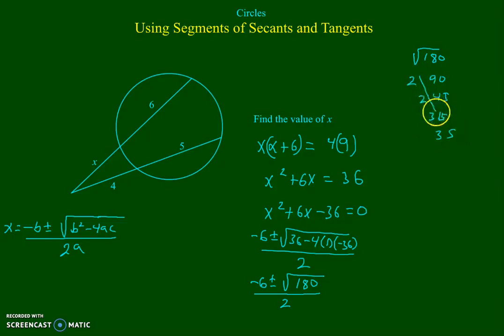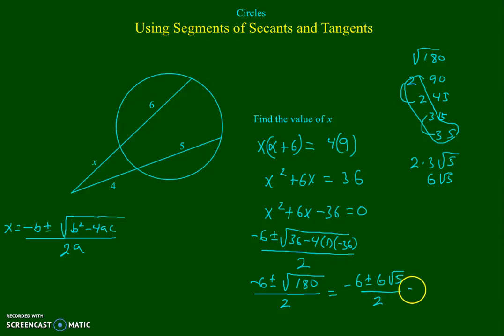And there are our prime factors. So you have one pair of 2's, one pair of 3's. So that's 2 times 3, square roots of 5, 6 square roots of 5. So this is negative 6 plus or minus 6 square roots of 5 all over 2.